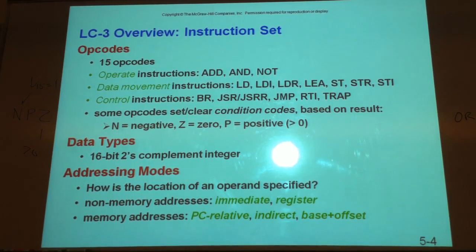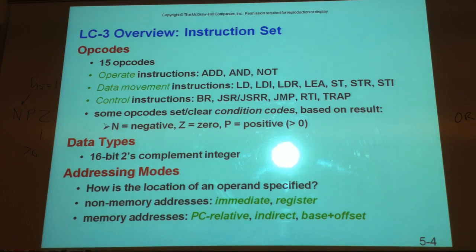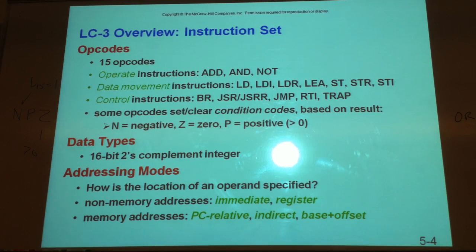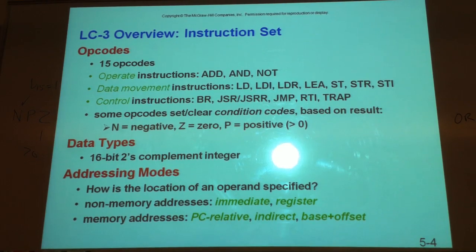You NOT register 0, NOT register 1, and then you AND them, register 0 and register 1, and put that into register 2. Are we done? Not yet. Then you NOT register 2 and put it into register 2.